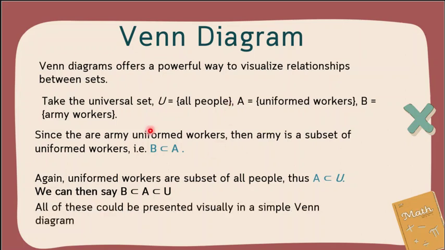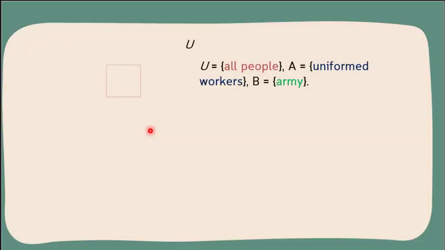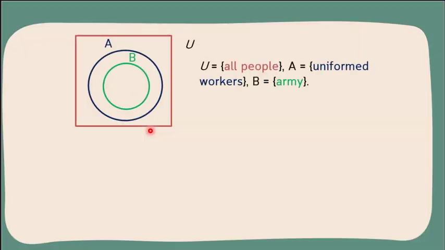This information can be simply illustrated on a Venn diagram as this. So we see that a set U, which contains all people, is on the outer side of the illustration. Then within it, we see the uniformed workers, that is A. And then within the uniformed workers, we see army workers.